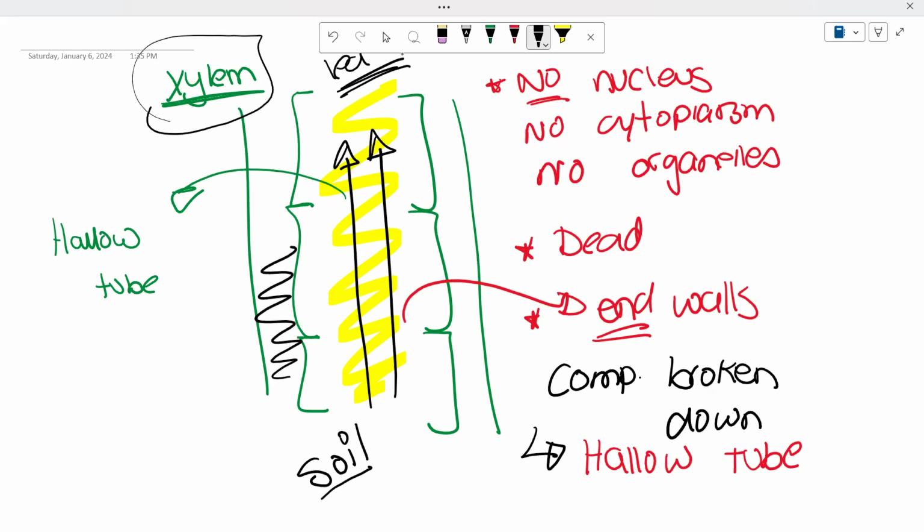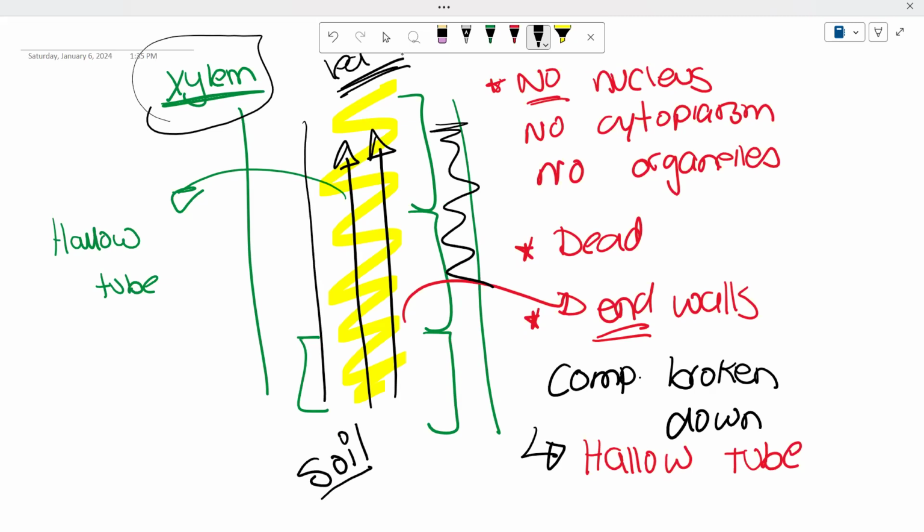How does the water move up? Excuse me? I'm going to answer this question because it's going to come next, but I want to ask you something. Where does the water come from anyway?